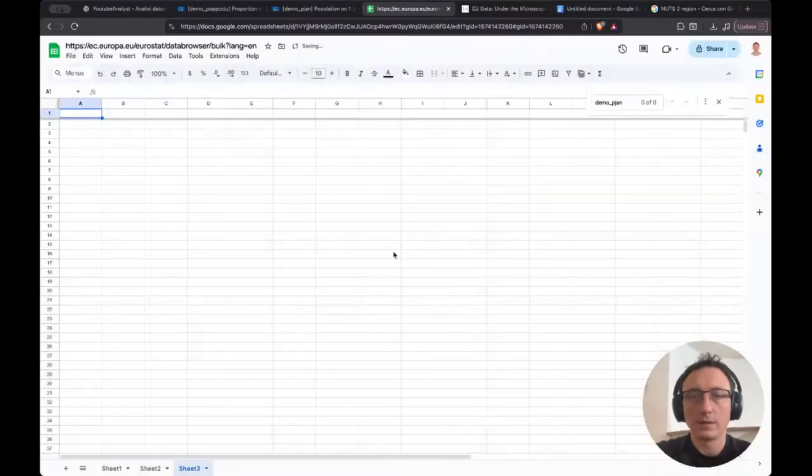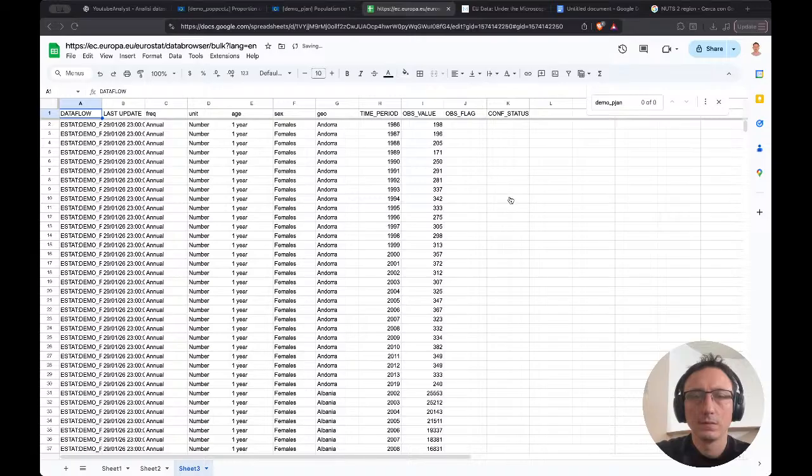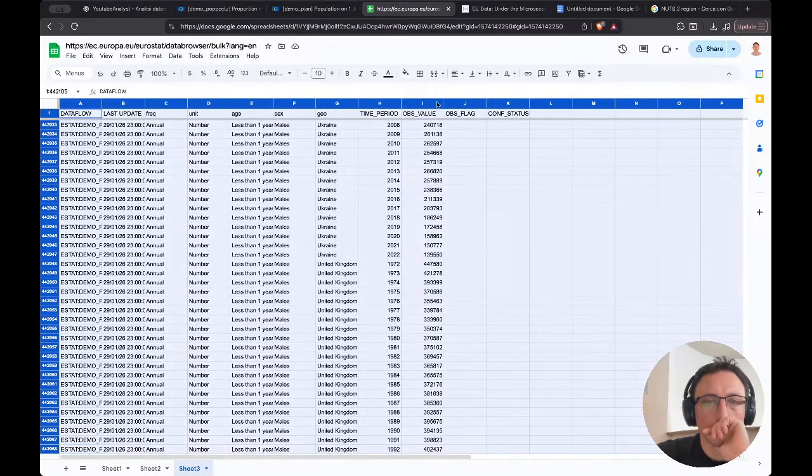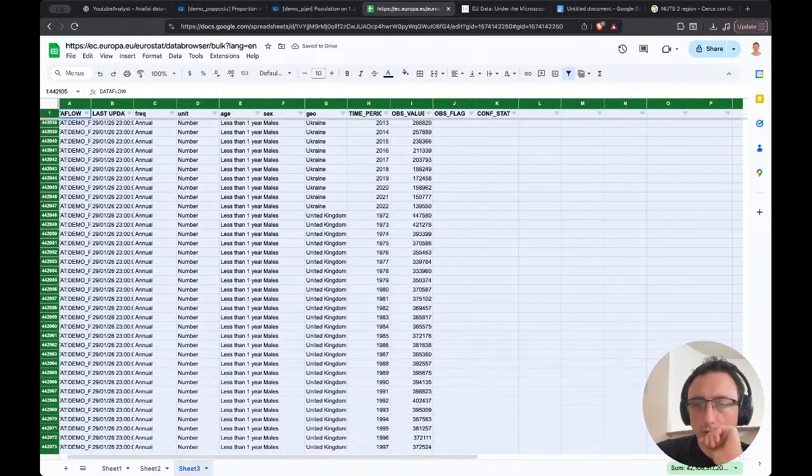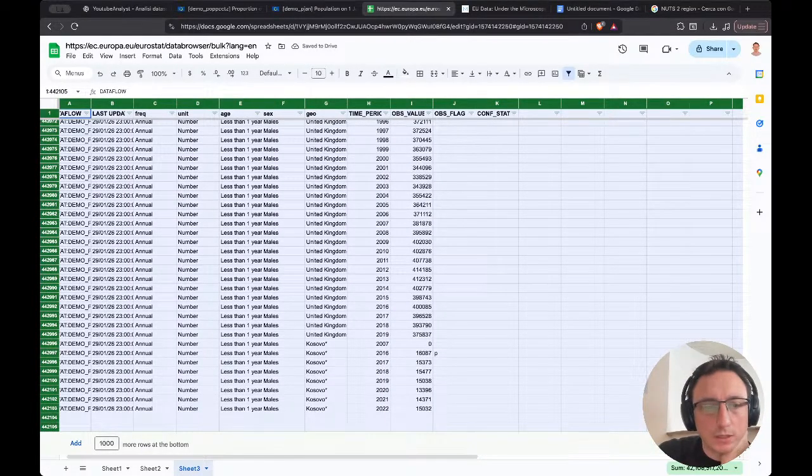As you can see, it's taking some time to load. Okay. So almost 500,000 rows of data.